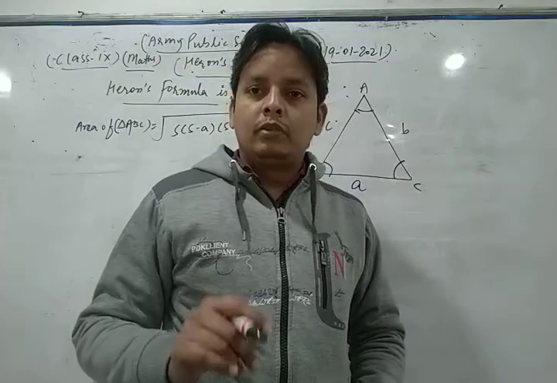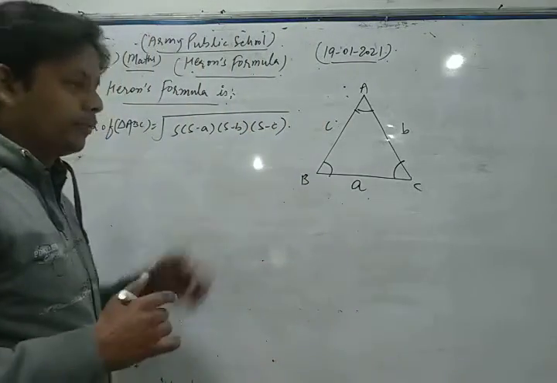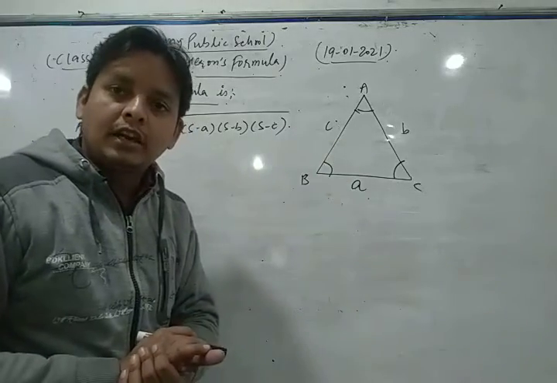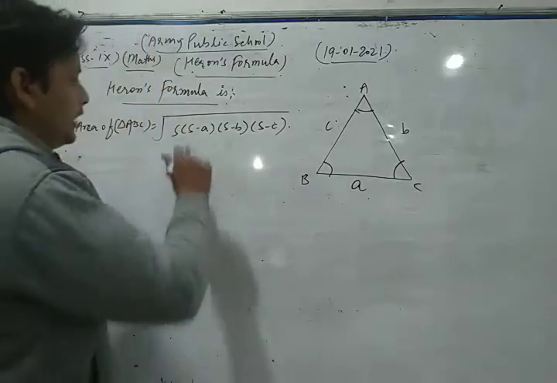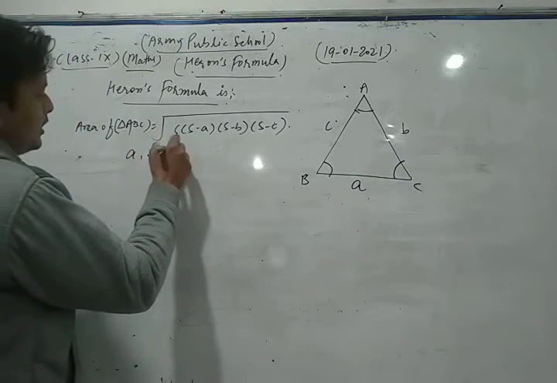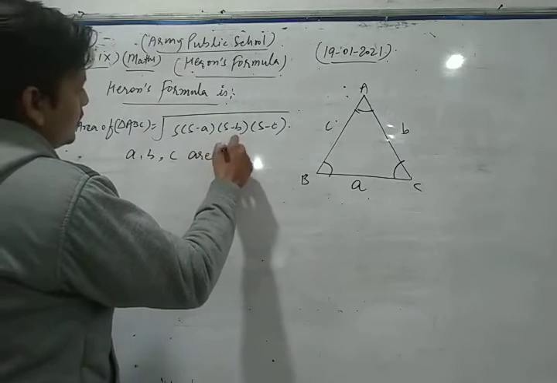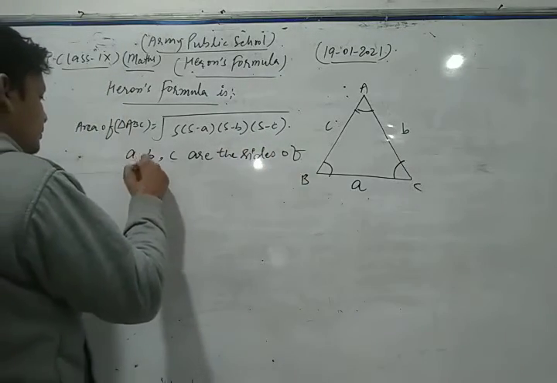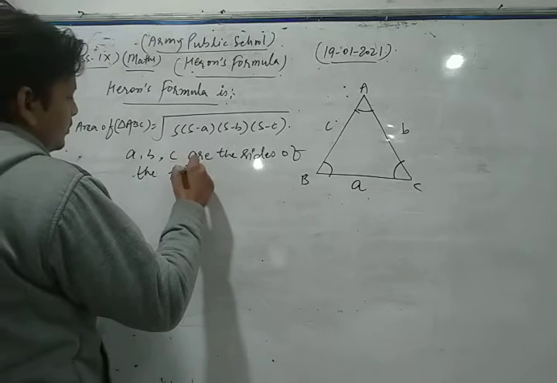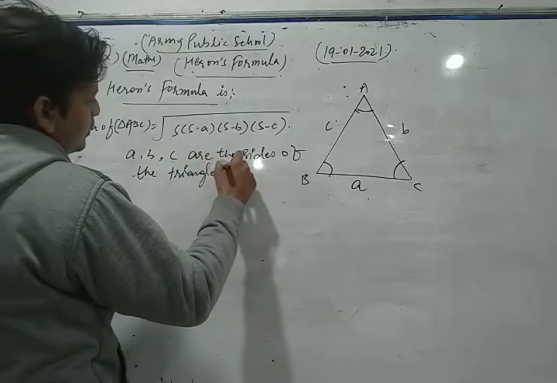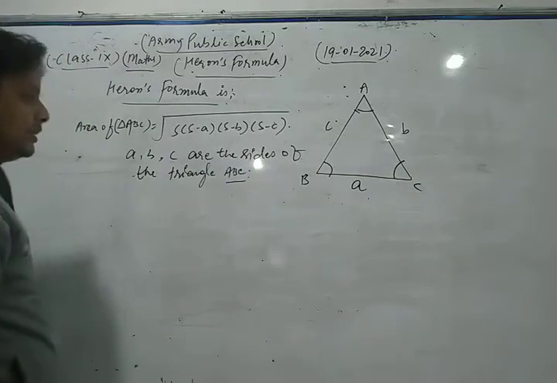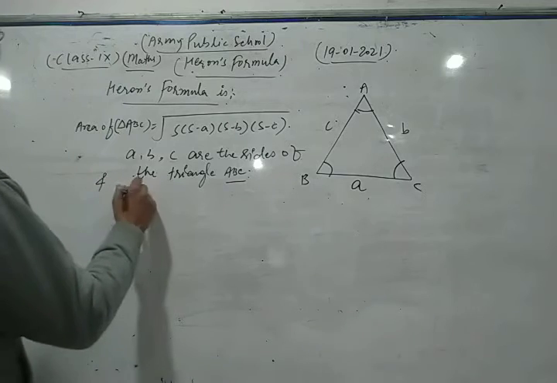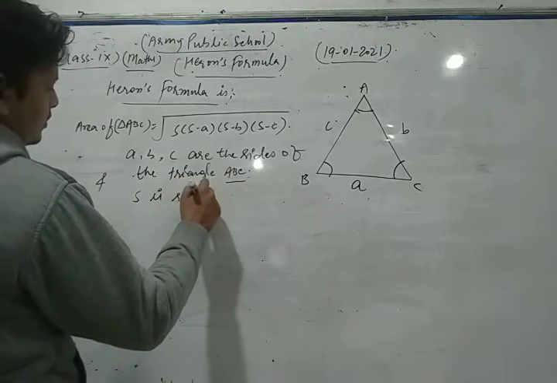This is Heron's formula for finding the area of triangle ABC when its three different sides are given. Here a, b, c are the sides of the triangle ABC, and s is the semi-perimeter.